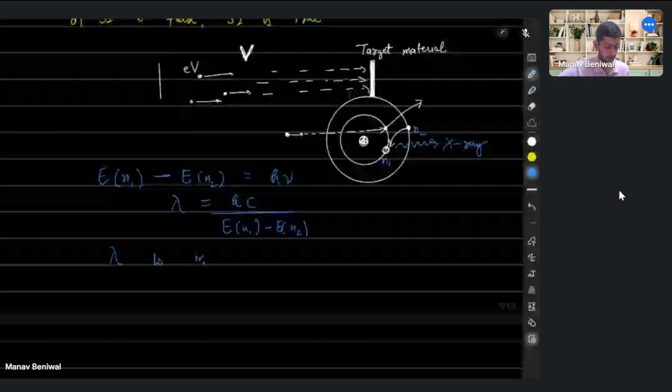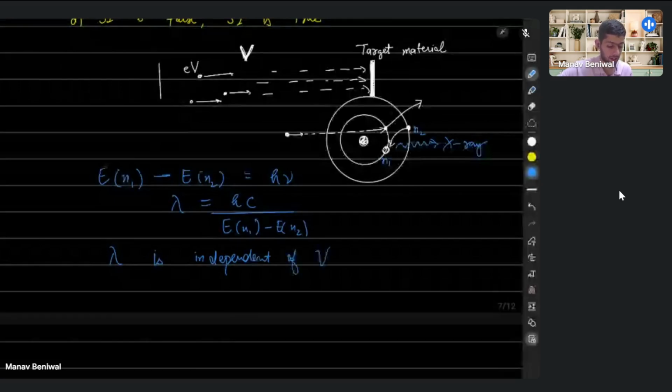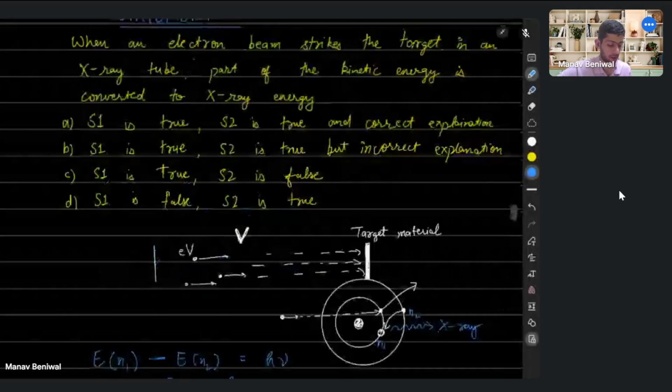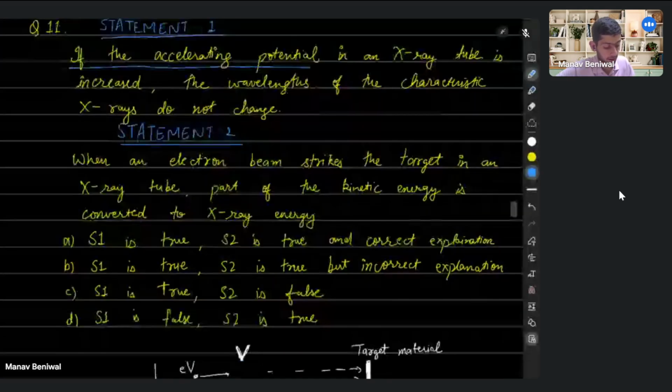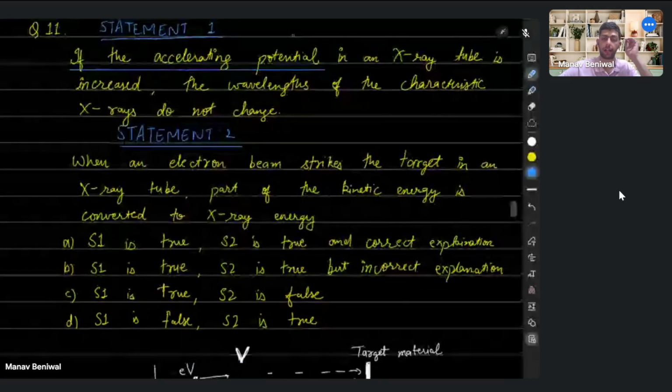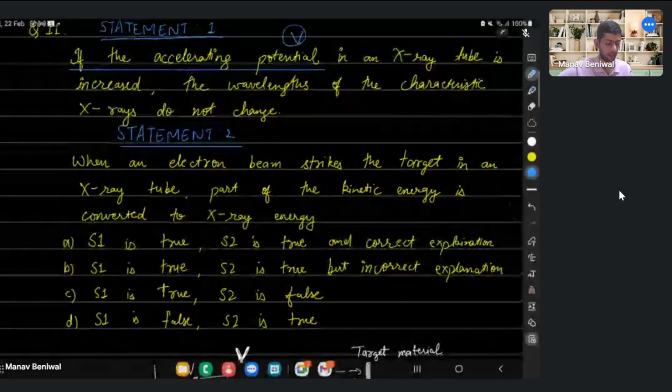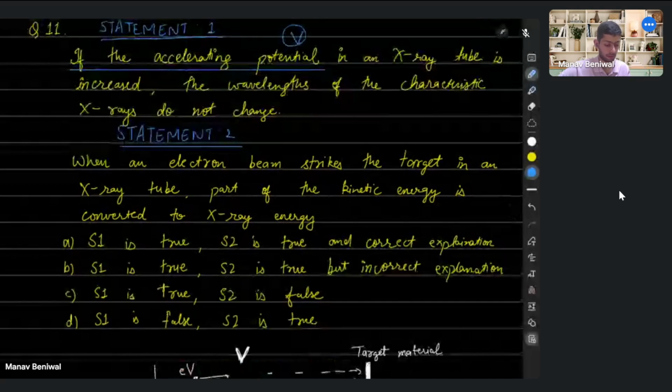So statement 1 is that if the accelerating potential V in an X-ray tube is increased, the wavelengths of the characteristic X-rays do not change.